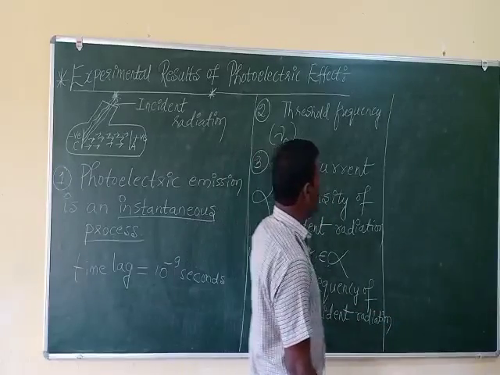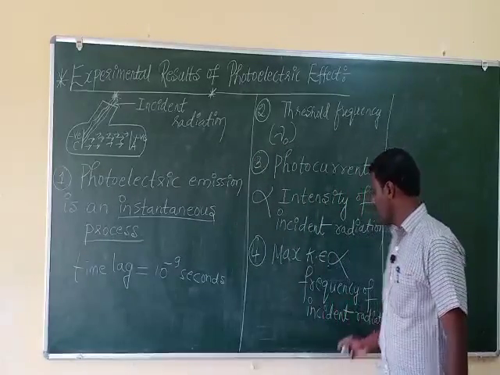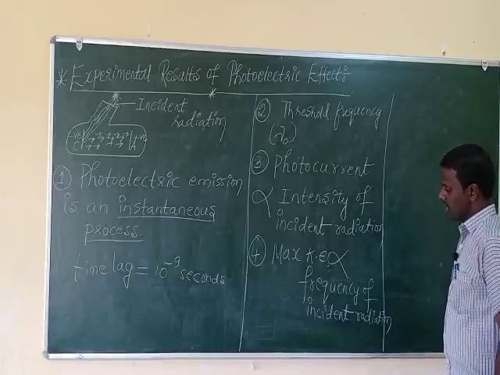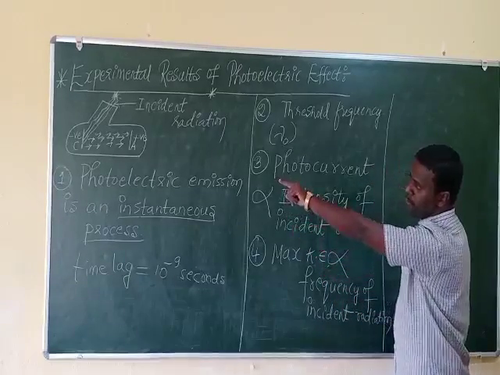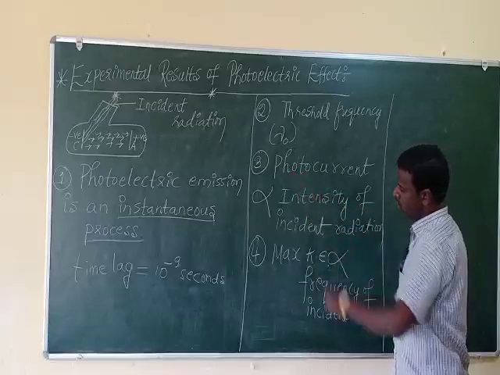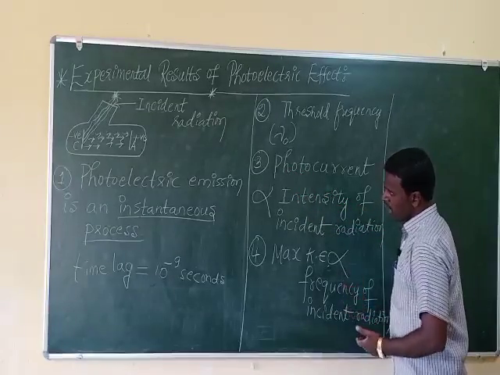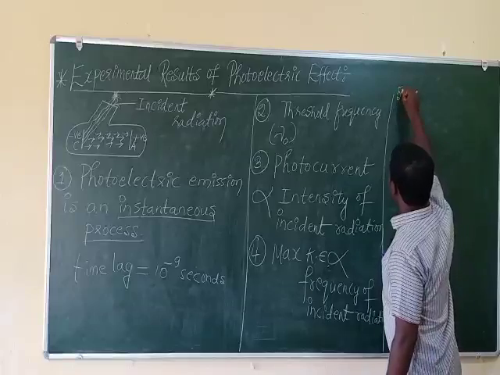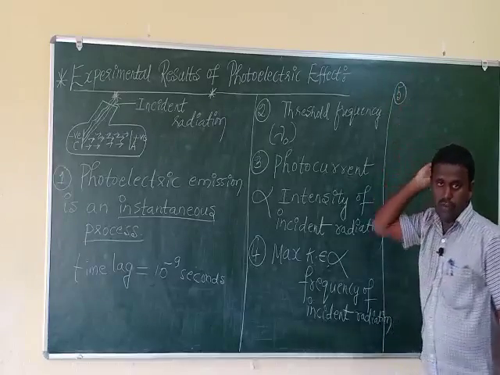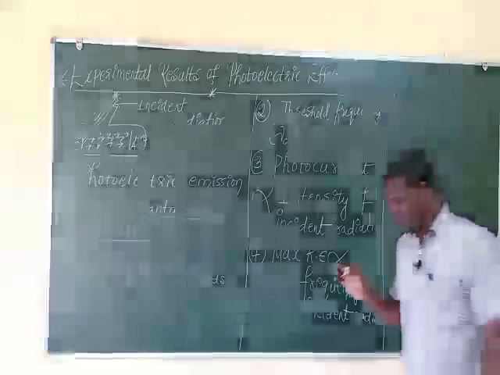Here the maximum kinetic energy is directly proportional to frequency of incident radiation. If the frequency is minimum, the kinetic energy obtained for the photoelectrons is minimum. If the frequency is maximum, kinetic energy is maximum. The last point, the fifth point, is the same thing.